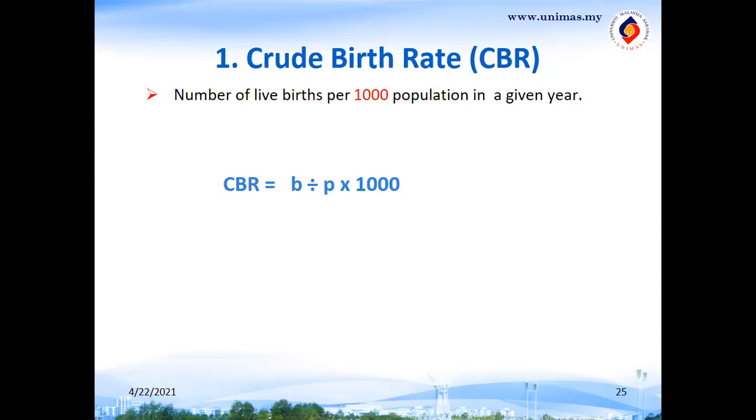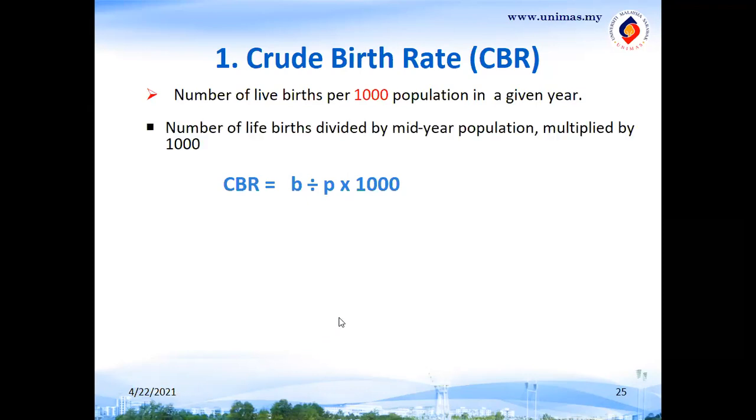So this refers to the number of live births per 1,000 population. Remember, this is out of 1,000 population, not just women. It's out of the population in the country, in a given year.